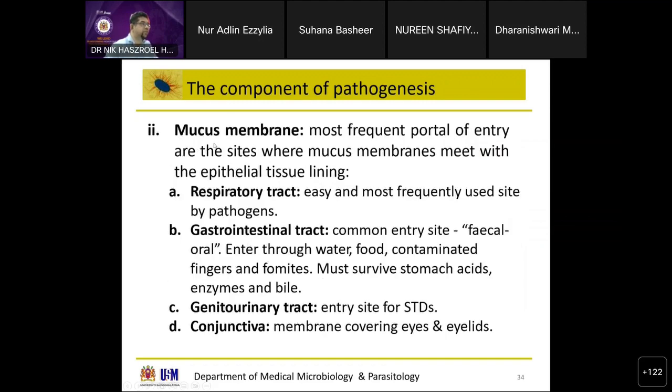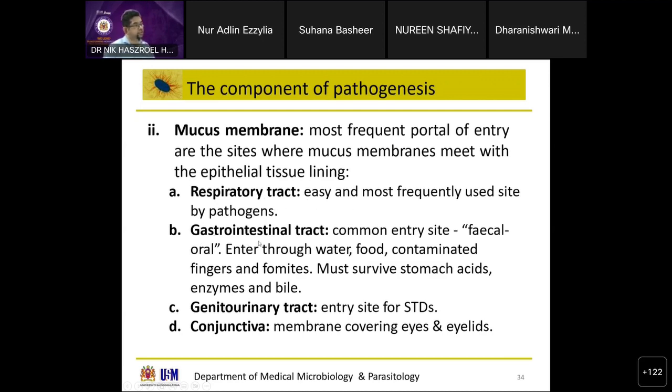And then there are also mucous membranes. The most frequent portals of entry are the sites where mucous membrane meets the epithelial tissue lining. The respiratory tract is an easy and most frequently used site by pathogens like respiratory viruses and Streptococcus pneumoniae.